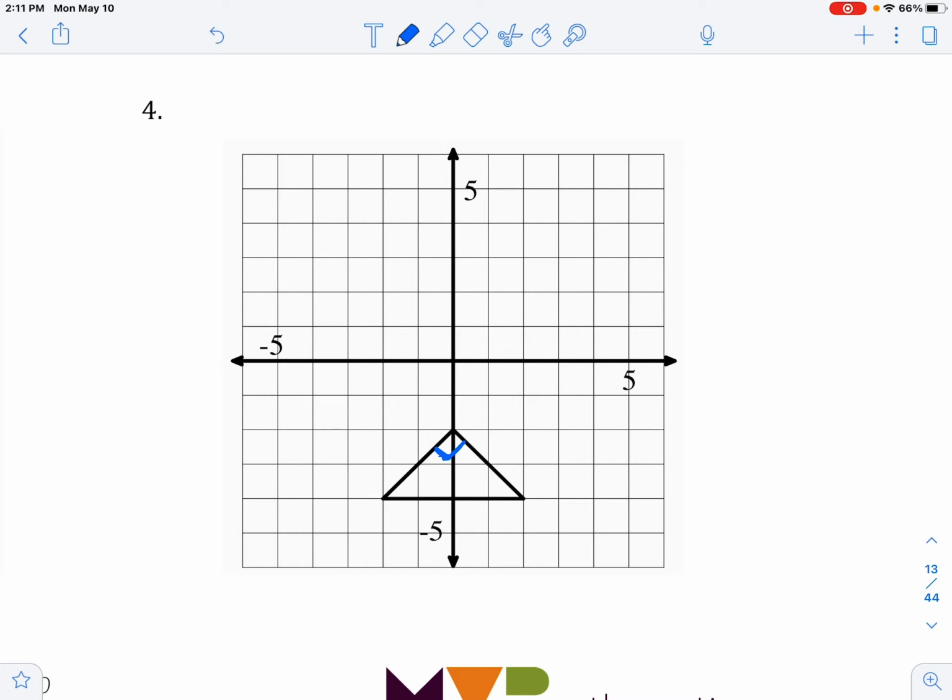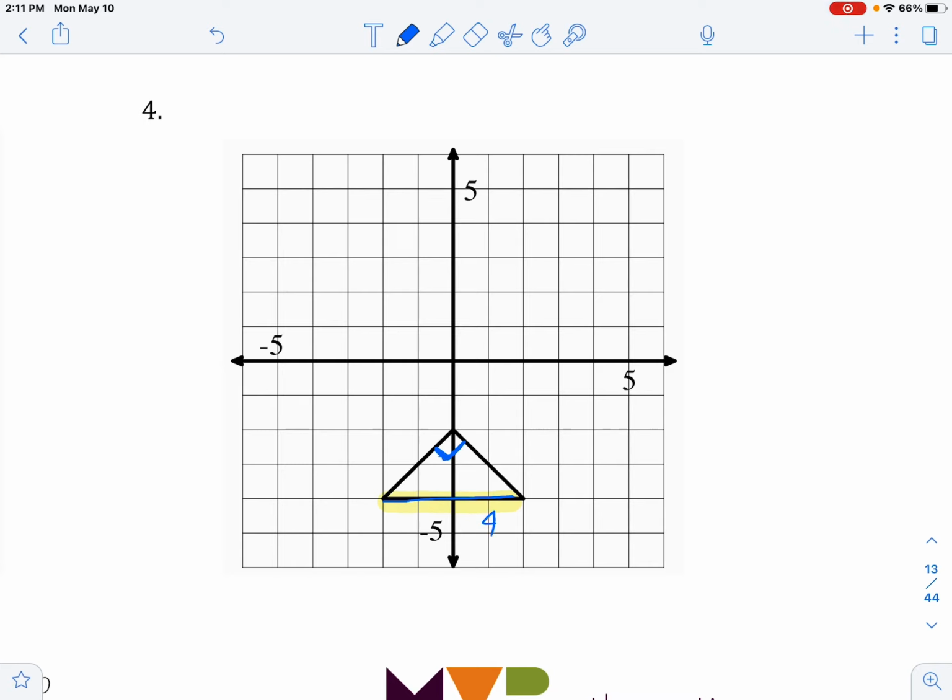If we have to find the side length for each side of the triangle, I know that this is the hypotenuse, so that's a kind of different question. I see this is 4, so this time I have been given the hypotenuse.